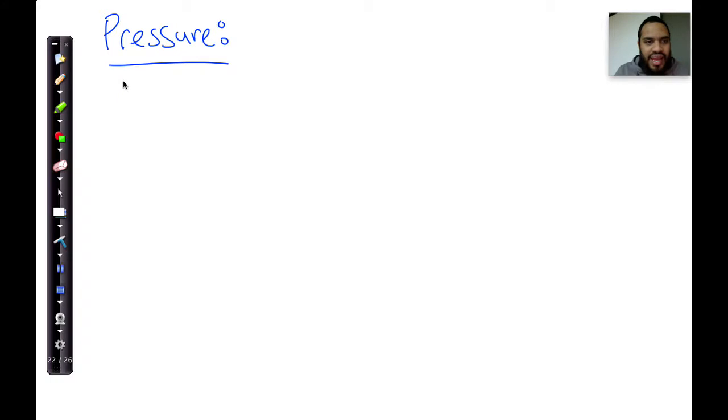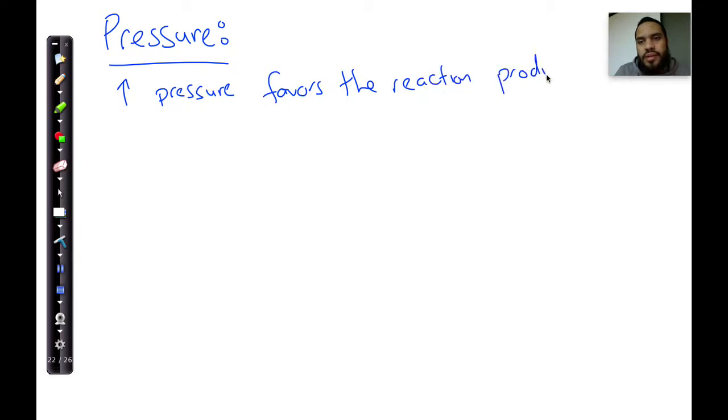An increase in pressure will favor the reaction producing the least number of moles.